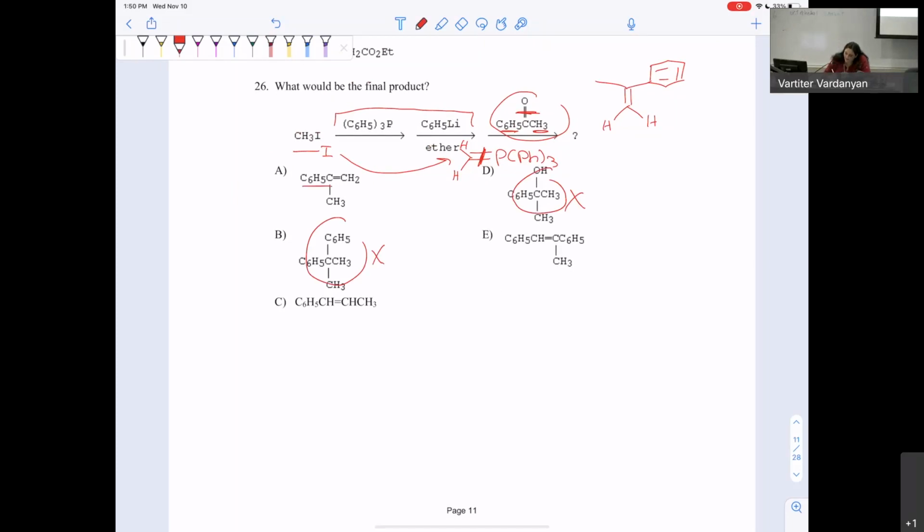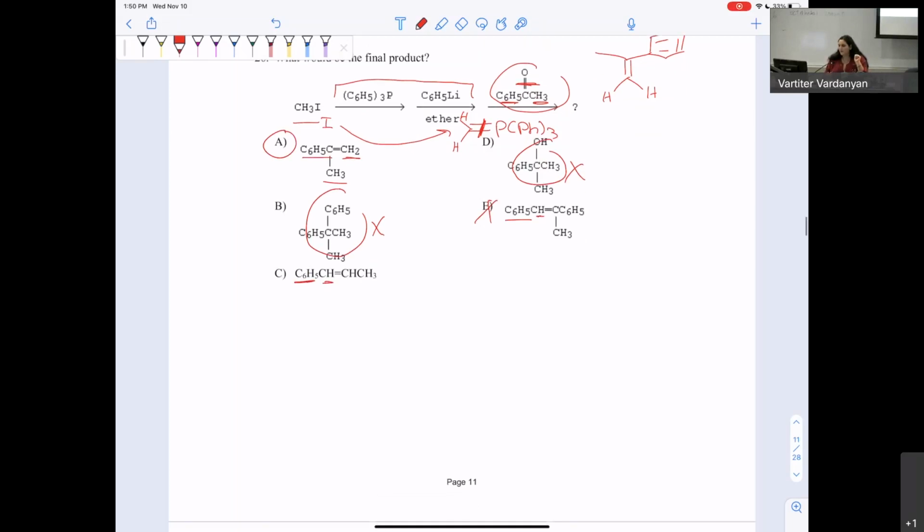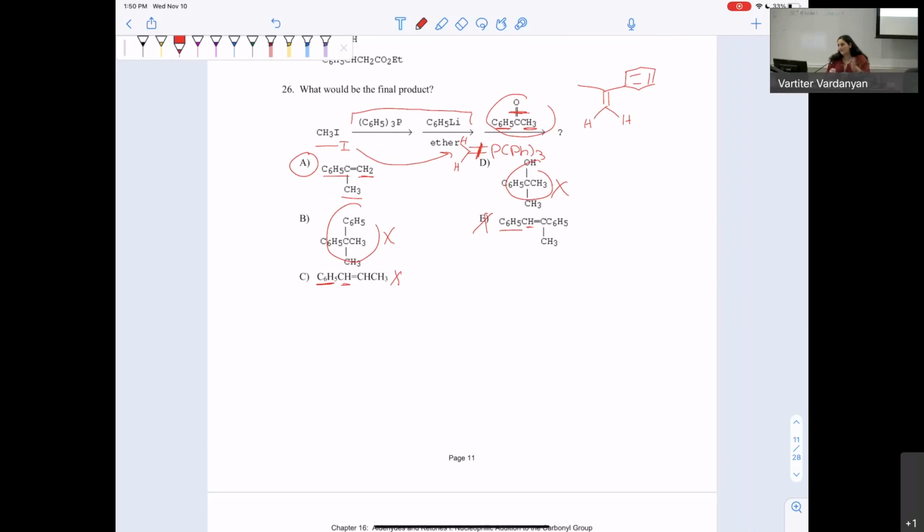Here we have benzene, methyl, 2 H's. That looks good. This one we have a benzene and an H. That doesn't match. They flip-flopped something that they weren't supposed to. Here they have benzene and an H. Oh, you can't see that. So again, they flip-flopped something they weren't supposed to. So A is the only answer that makes sense. Did I go too fast or is that okay?